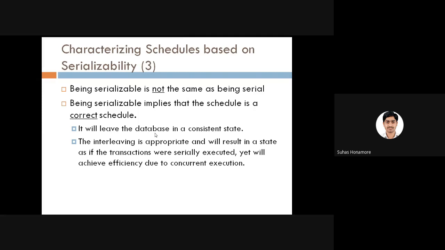It will leave the database in a consistent state, and the interleaving is appropriate and results in the state as if the transactions were executed serially. So it gives the same result as serial execution. We do the interleaving only to increase efficiency; a serializable schedule gives more efficiency compared to a serial schedule.